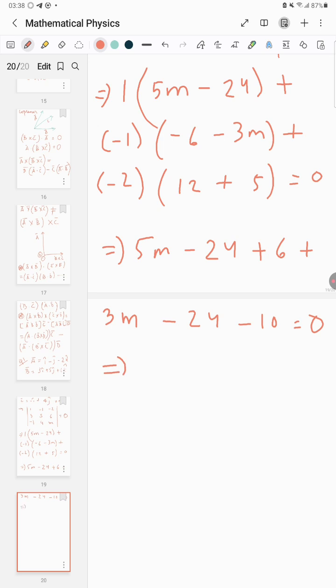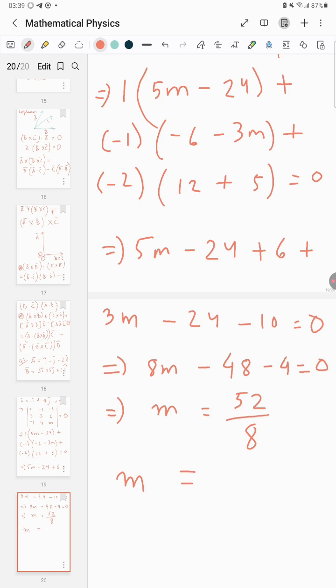So 5 plus 3 is 8m minus 48 minus 4 is equal to 0, which gives m is equal to 52 by 8, which gives m is equal to 6.5.